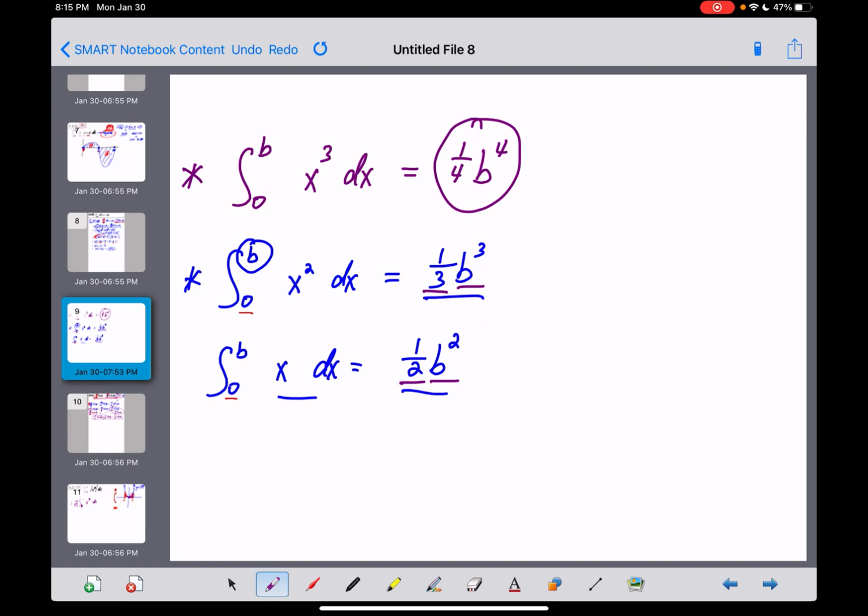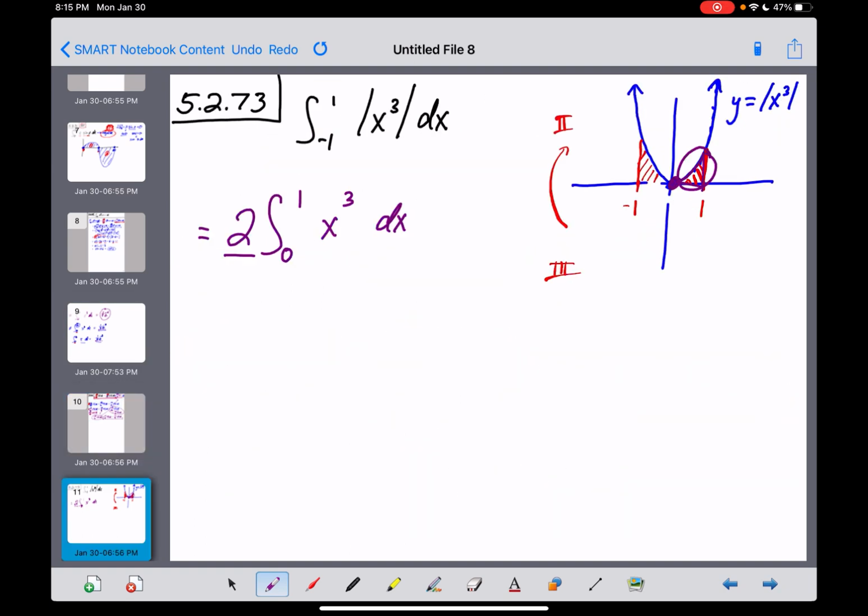So this integral then is just going to be a 1/4 b to the 4th. Now, the 2 out in front is still there. So now, here you go. This integral is a 1/4, and your b value is your upper limit of integration, which is 1 raised to the 4th power. So what do we have here now? 1 to the 4th is 1. 1/4 of that is 1/4.